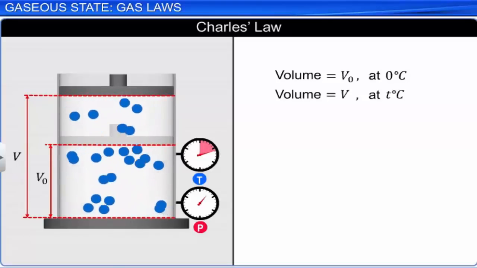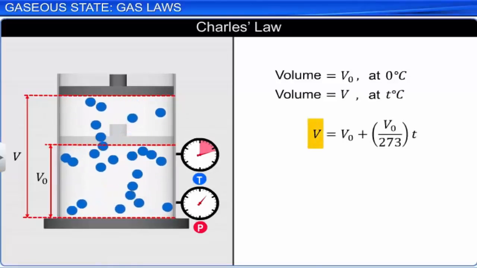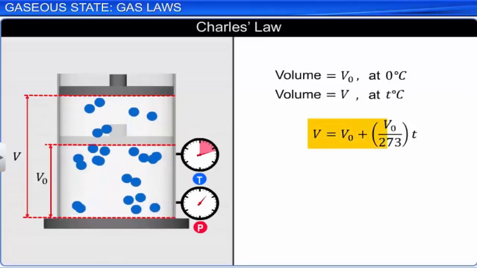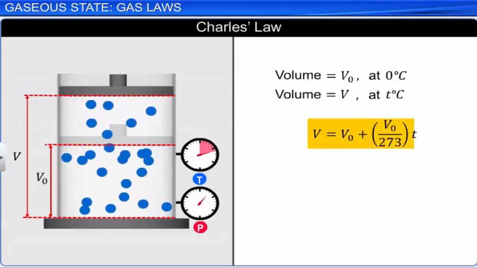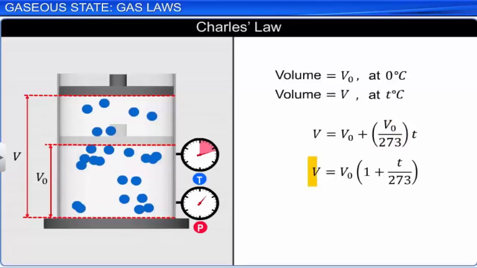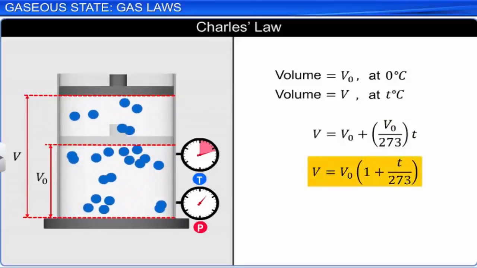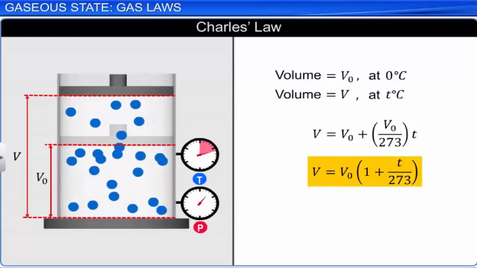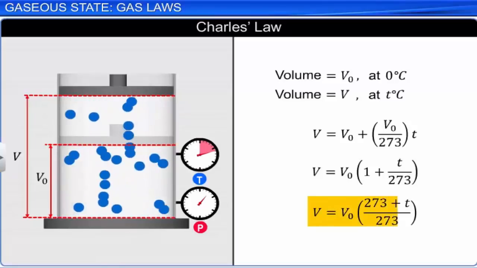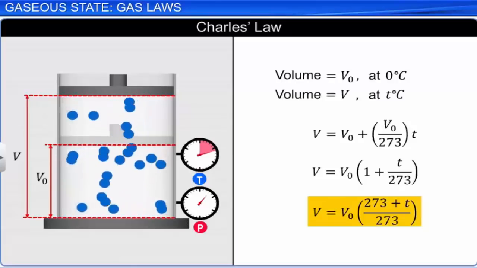Then, volume V at temperature T is equal to V0 plus V0 divided by 273 into T, or V is equal to V0 into 1 plus T divided by 273, or V is equal to V0 into (273 plus T) whole divided by 273. Let this be equation 1.